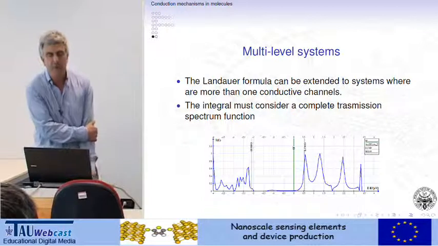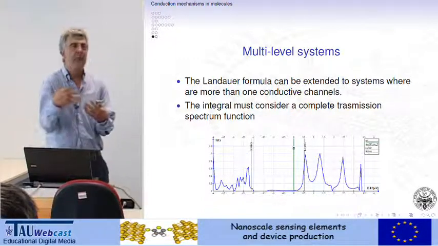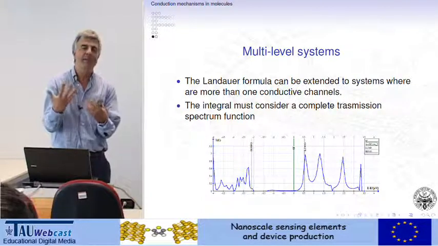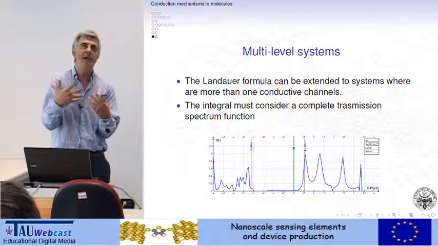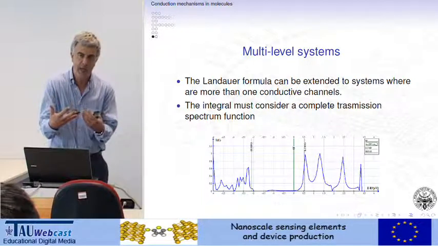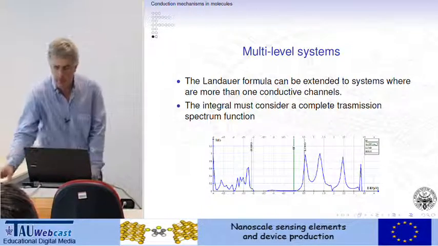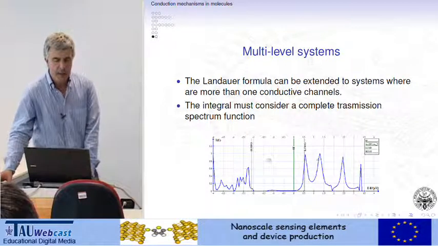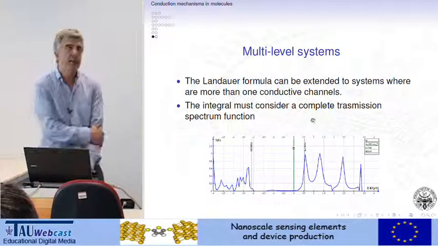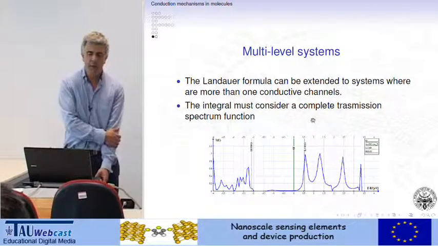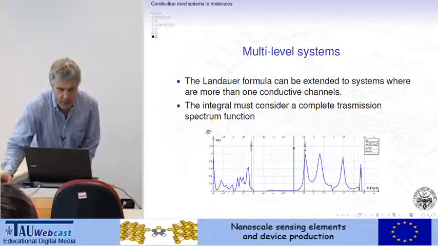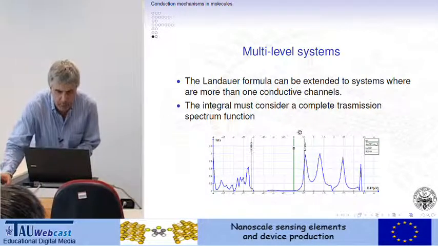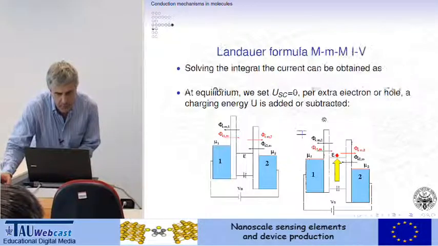This is clear, because the exercise that we did just before can be applied to a system where the levels are more than one. But the idea is exactly the same. So the integral must consider more than one level, and so the current probably depends on the position of the levels with respect to the Fermi level in the two metal electrodes. But the Landauer formula can obviously be extended, because we can consider a more complex transmission spectrum in the formula that we derived just a few slides before.